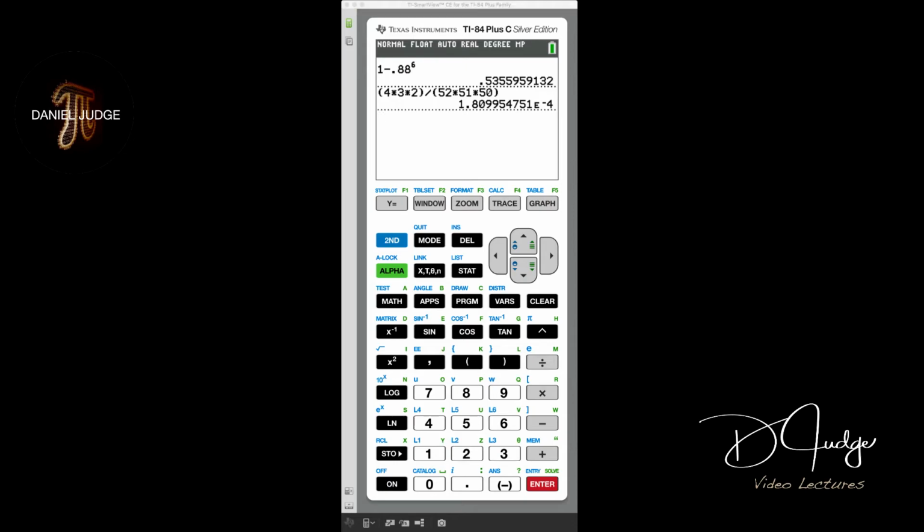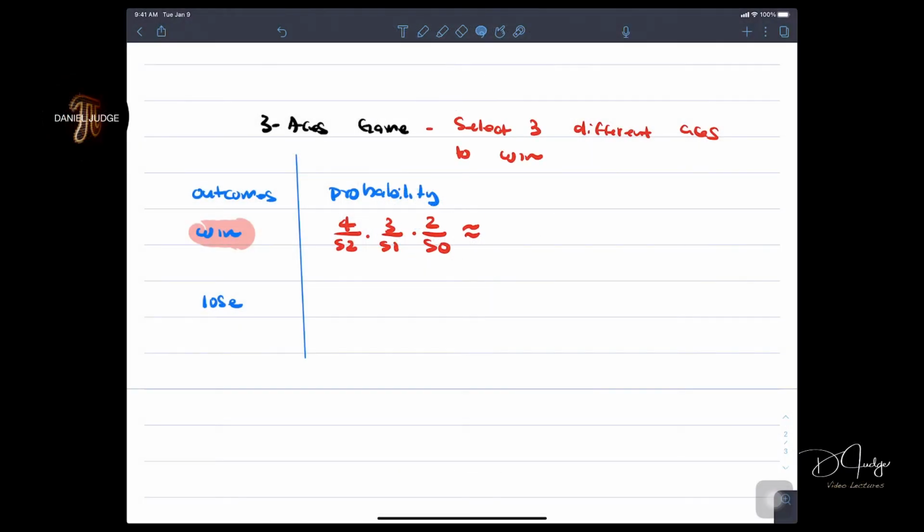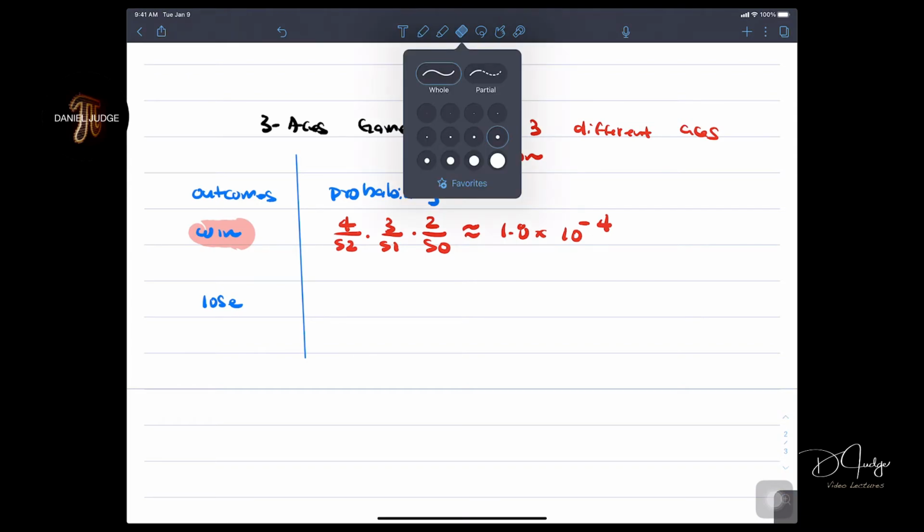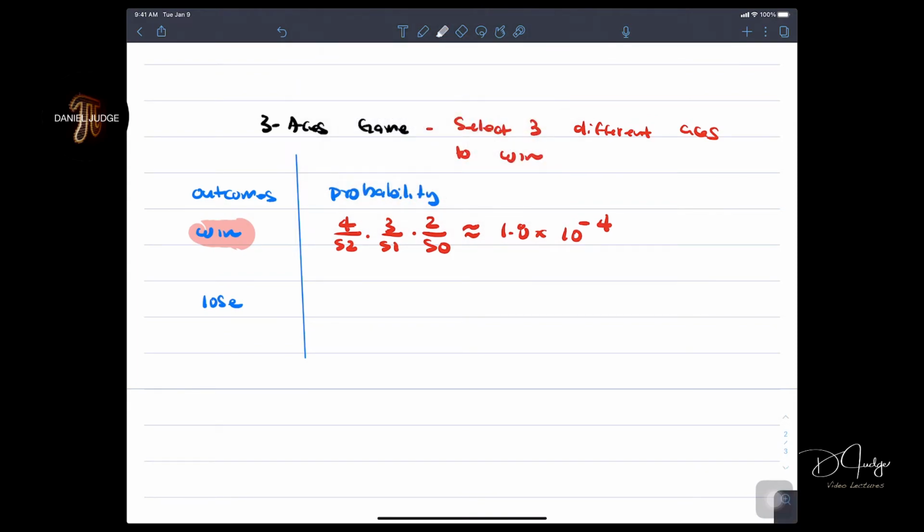So I'm going to write this down as 1.8 times 10 to the minus 4, because that's what this is. We're going to start to approximate here, and I'll show you what I would do. I would start to say, okay, what number is this? Since this is a value to the minus 4 power, we're going to have to move the decimal 4 spaces to the left. And what that means is you'll have 3 zeros.